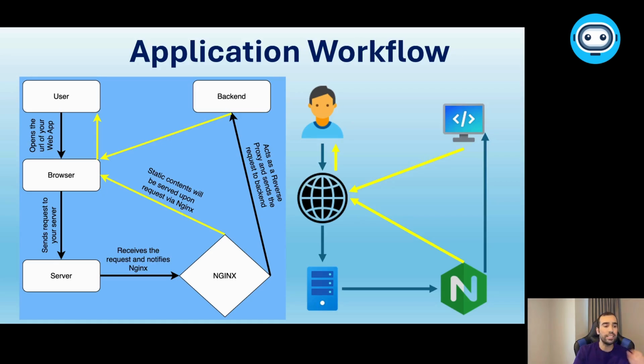In that case, Nginx forwards the request to an appropriate backend service. Then the backend service further processes the request and generates a response, and accordingly it sends the response back to the browser, and again a proper response will be shown to the user via the browser.